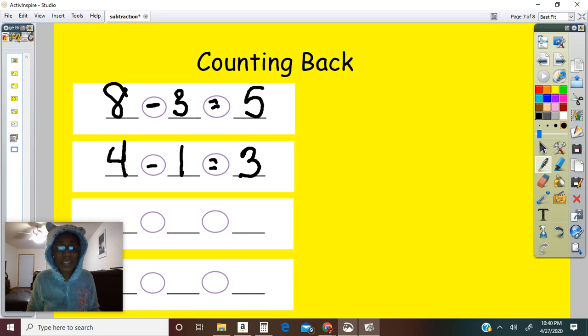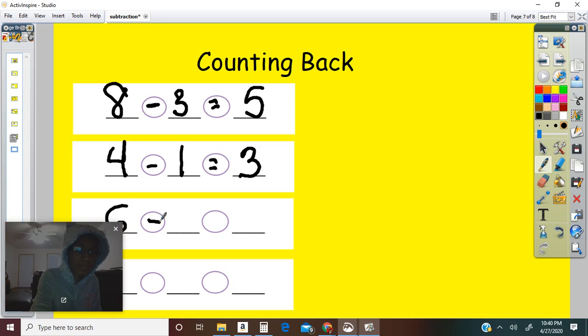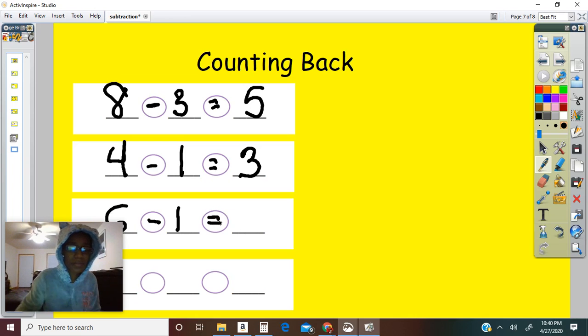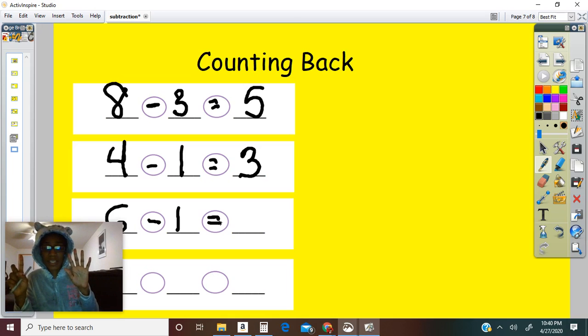Let's try it again with these two numbers. 6 minus 1. Remember, I'm going to start with the big number and I'm going to count down until I have up one finger.